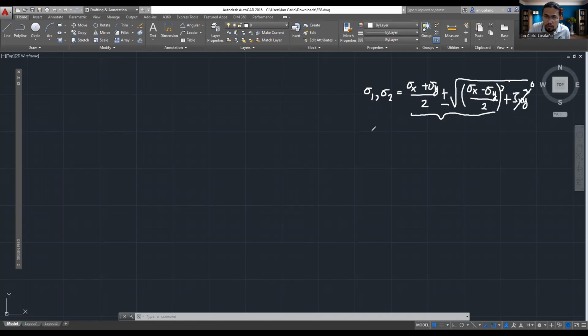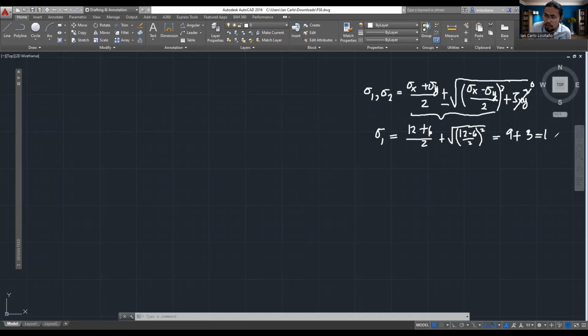So your first principal stress will be 12 plus 6 over 2, plus the square root of 12 minus 6 over the quantity 2 squared. This is going to be 9 plus, 12 minus 6 is 6, divided by 2 is 3, squared is 9, the square root of which is 3.